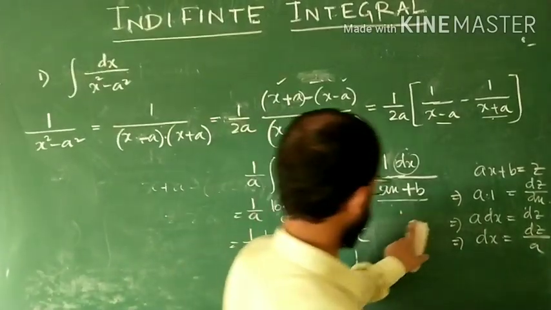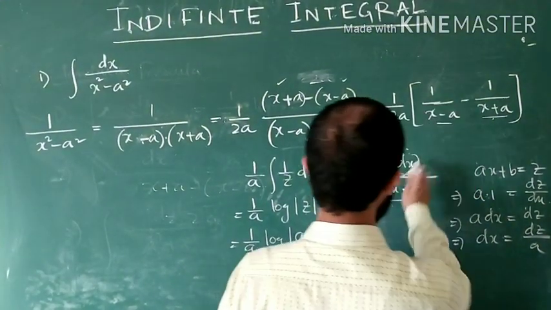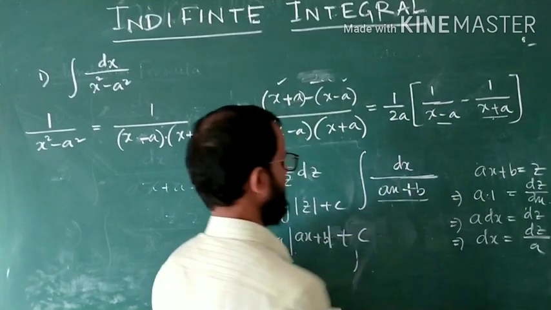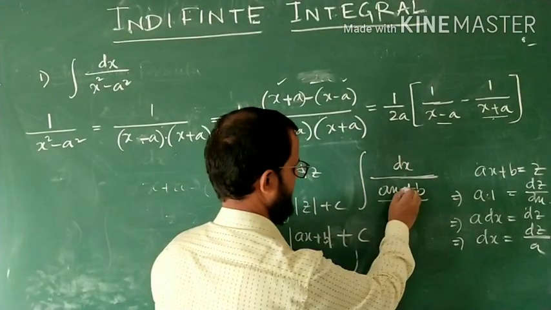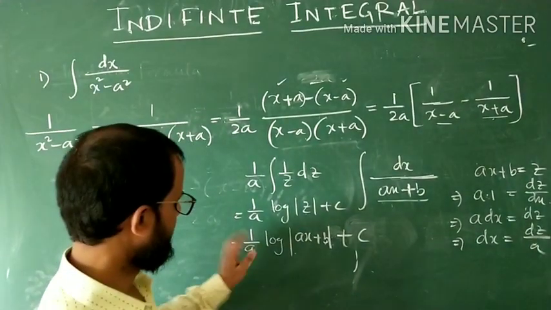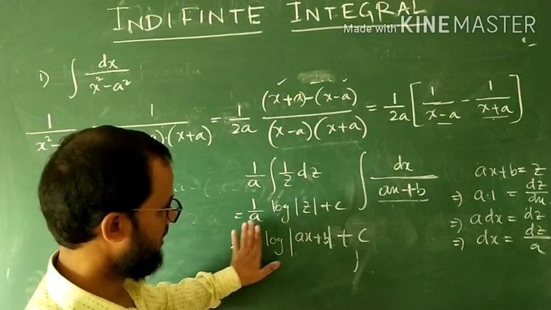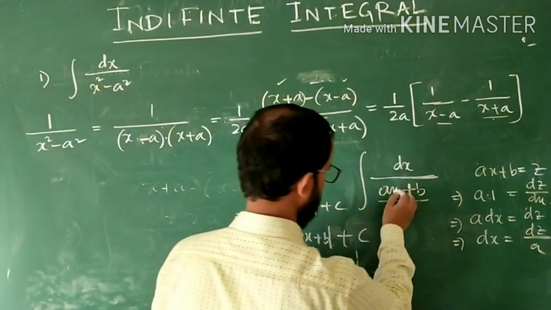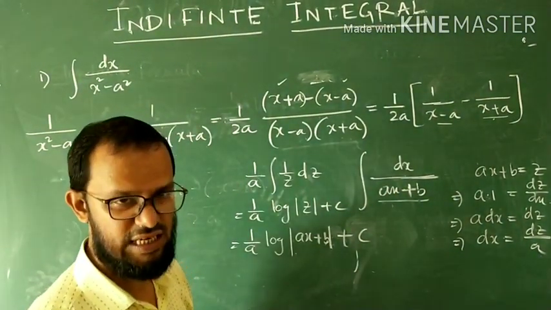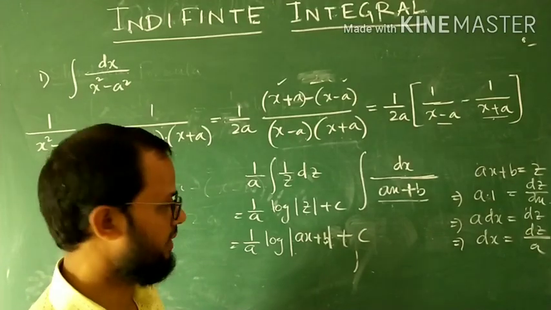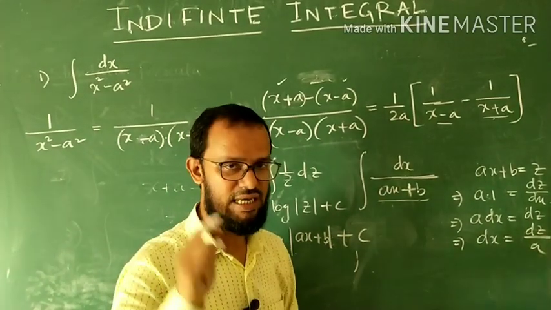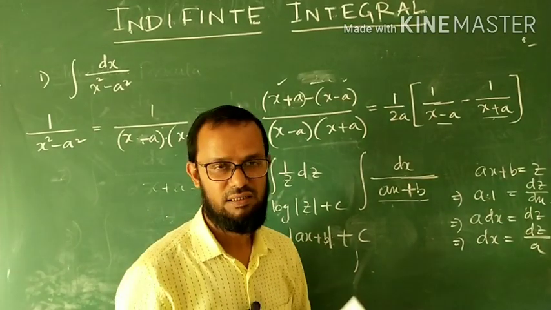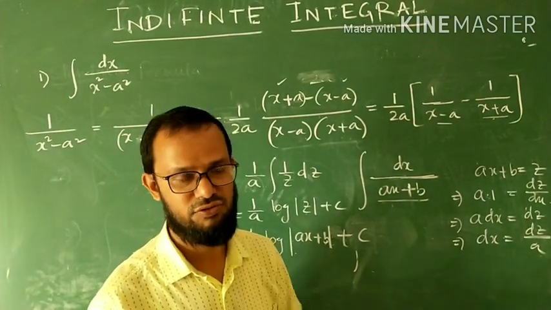Ultimately your expression, integration dx by ax plus b, what is it becoming? It becomes log modulus of ax plus b, with 1 by a. Remember that whatever the coefficient of x is, that a is multiplied by 1 by a. Why is it so? Because I have already given you a theorem before starting, called the substitution method.